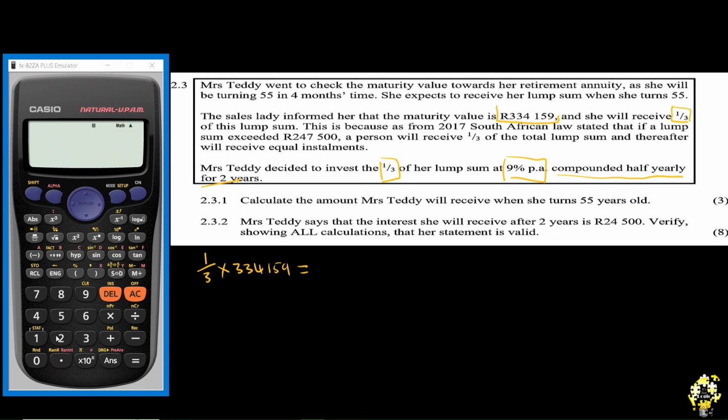So let's see what we get. So a third of 334,159 says that it's 111,386.33, rounded off to 2 decimal places. So this was for the first question.